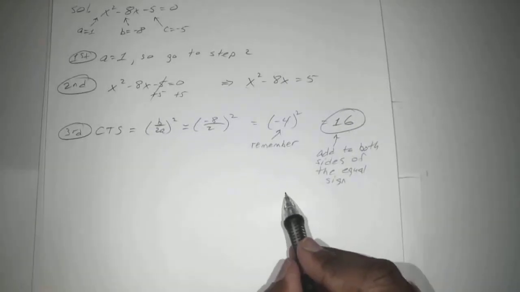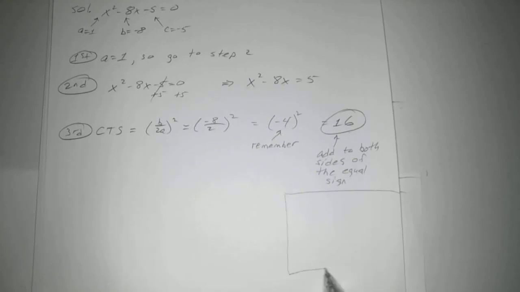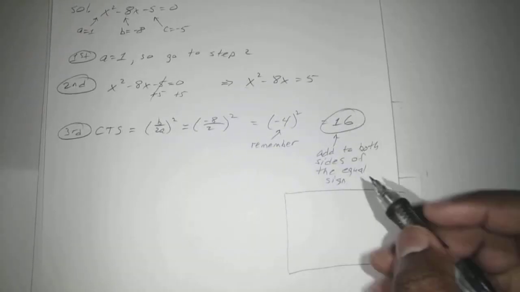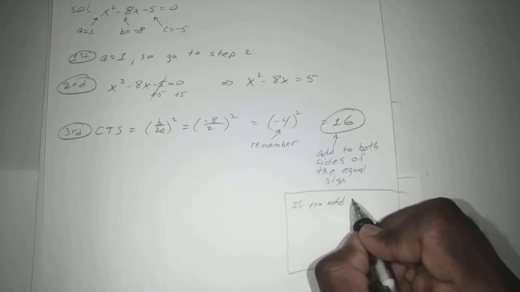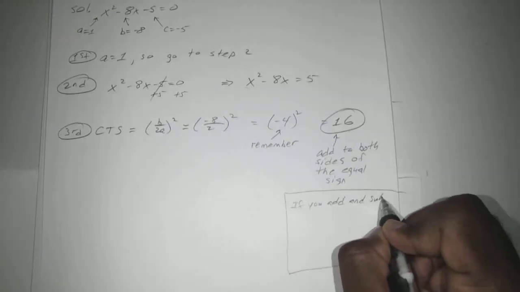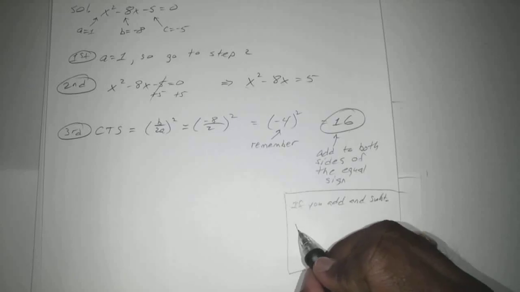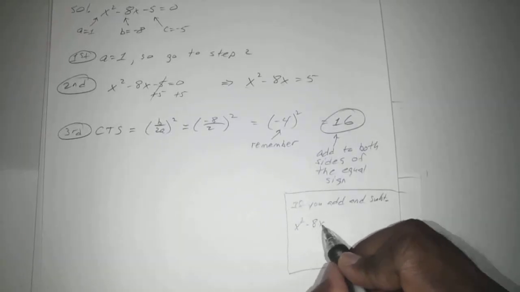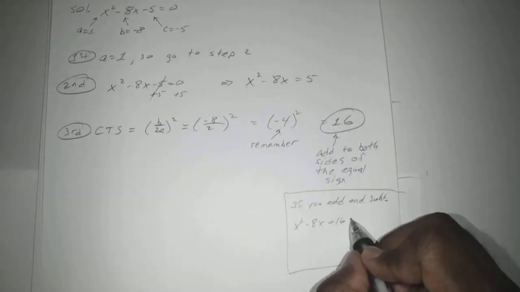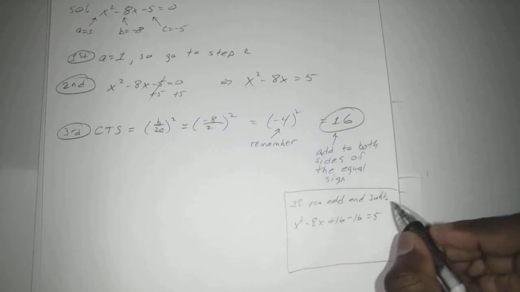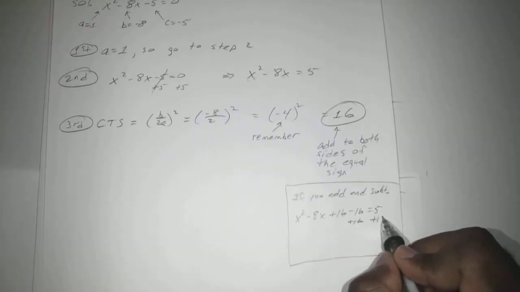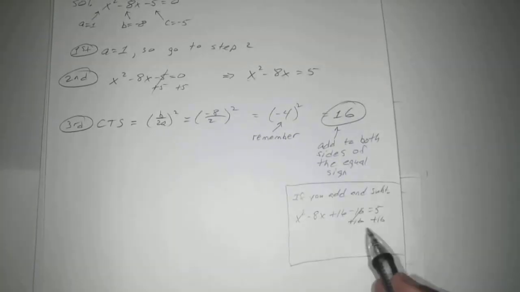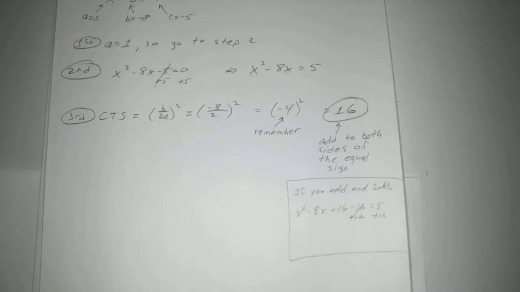So I'll do that just as a little side here. If you did add and subtract it, you would just have x squared minus 8x plus 16 minus 16 equals 5. And then you'd end up adding it to both sides anyway. So really, you're just skipping that step and adding it to both sides of the equal sign right from the beginning.